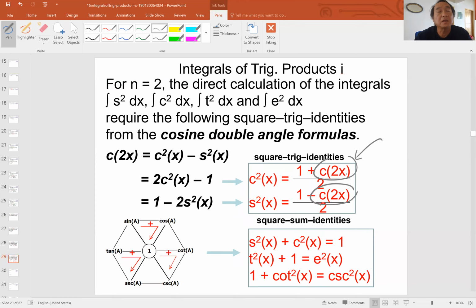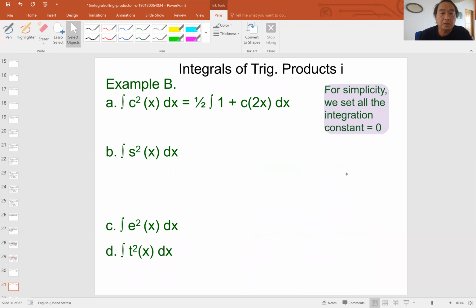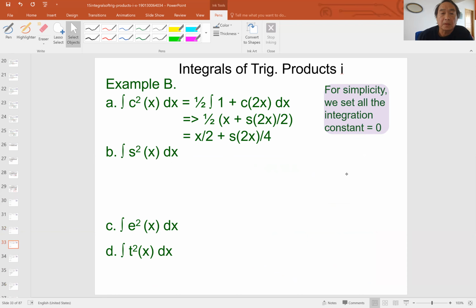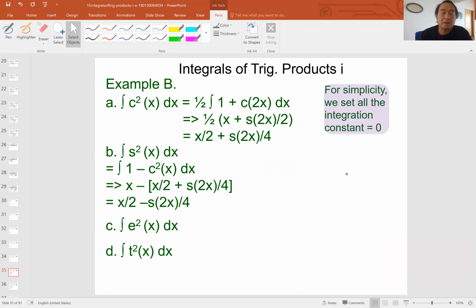It's an easy linear change of variable. So this is another way to integrate the square terms of sines and cosines. And sine squared similarly, you convert into the double angle formula.